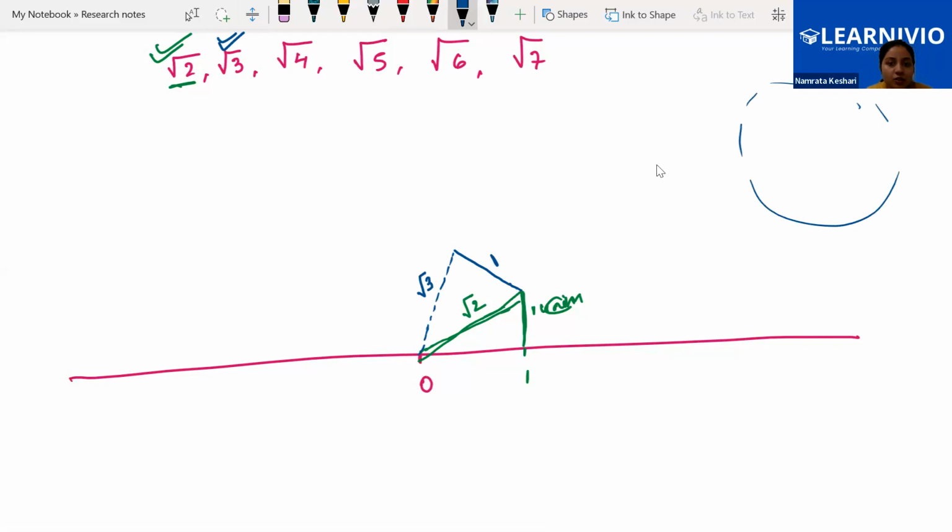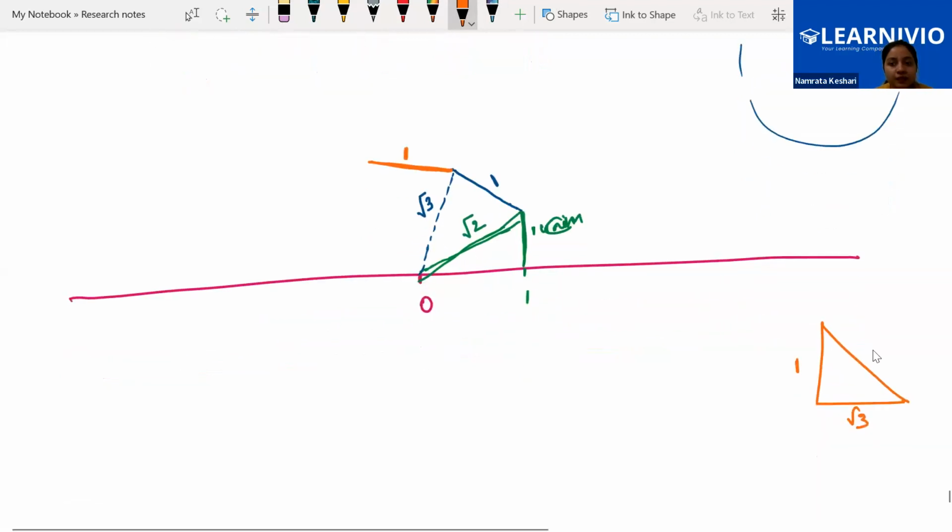So let's locate. Here again we will draw a perpendicular like this, of 1 unit. Check it: if one side is root 3 unit and another side is 1 unit, what will be the hypotenuse AC?